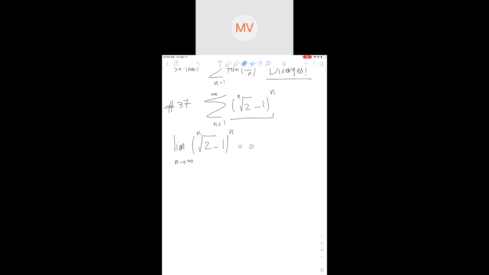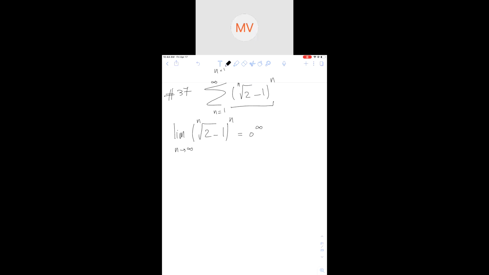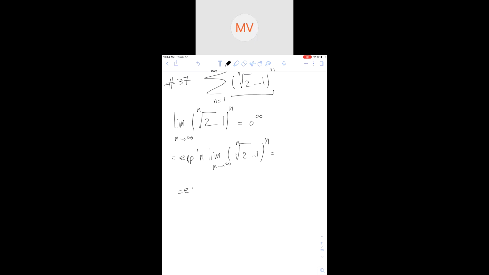So let's see. 0 to infinity. So let's do exponential natural log. So this limit is also the same as exponential of natural log of the limit of the same thing as n approaches infinity. Let's switch natural log and limit, so it's exponential, limit, natural log of nth root of 2 minus 1 to the n, as n approaches infinity.